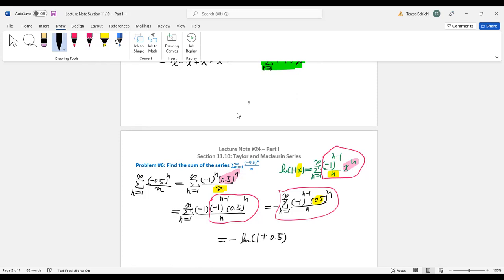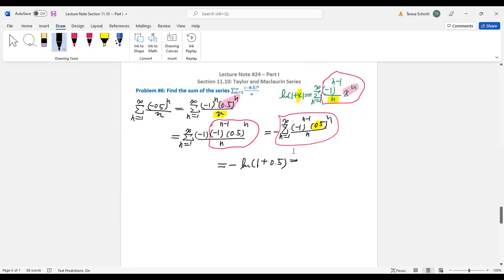So I find the answer for this series: this series is equal to the negative natural log of 1.5. If you want to find the value, you get that this one is very close to negative 0.4054. Pretty cool, right?